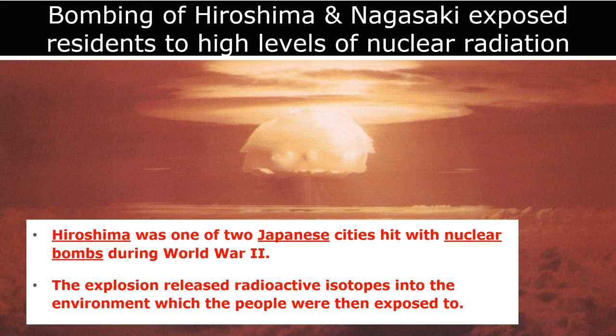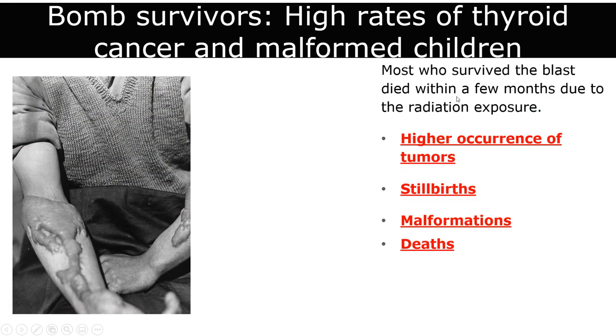There were a couple of unfortunate incidents where lots of people were exposed to really high levels of radiation. One of them was the bombing of Hiroshima and Nagasaki, when America dropped nuclear bombs on these cities. It exposed them to huge amounts of radiation. People who didn't die in the initial explosion suffered a lot of health problems from being exposed to that radiation.